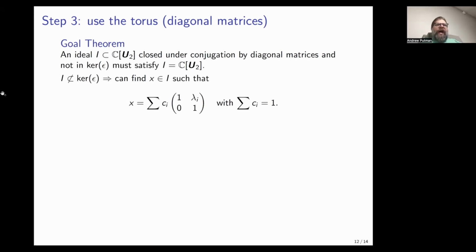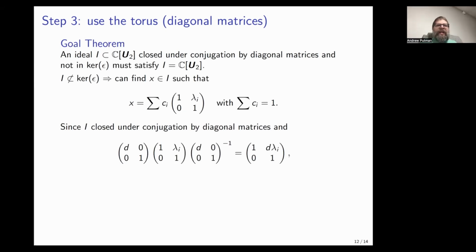I know I is not inside the kernel of the augmentation map, so I can find some x inside I that's not inside the kernel. So x is a linear combination of matrices where the sum of the c's is nonzero, and I can scale so the sum of the c's is 1. So I can find some x inside my mystery ideal where the sum of the coefficients is 1.